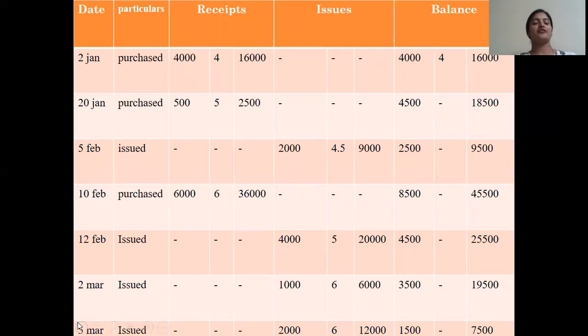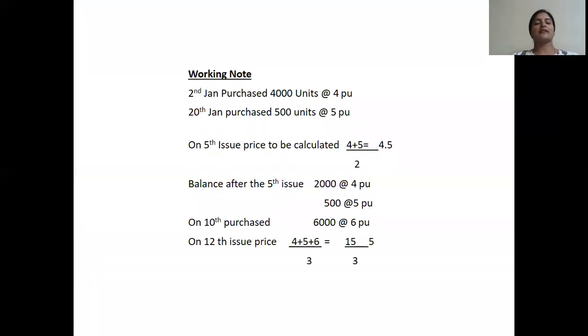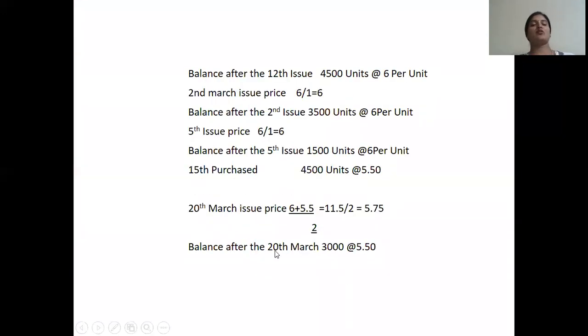That is on 5th March. Look here. On 5th March issued. How many units were issued? 2,000 units were issued. What is the balance we had? 3,500 was the balance. And how much to be issued? 2,000 should be issued. What is the cost per unit we have? Go to the working note. See, the 2nd March issue price was 6.